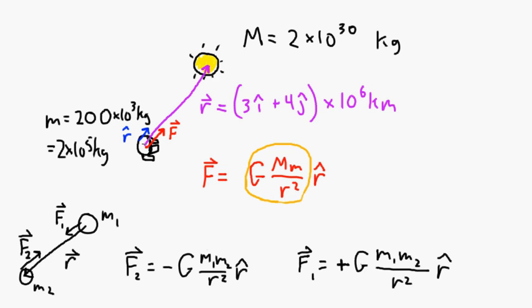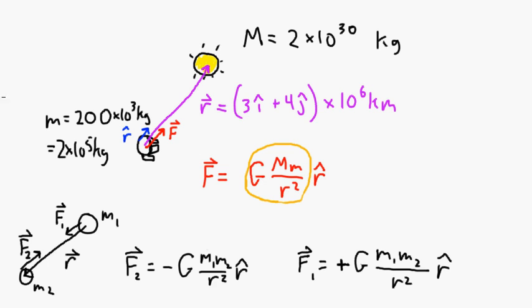We have a vector going from the Millennium Falcon to the Sun, not vice versa, so that's why we take the negative sign out. The important thing is to always look at your problem, figure out which way your r vector is going and which way gravity should be going, and adjust the positive or negative sign accordingly. Don't just blindly do it one way because the negative sign is there.